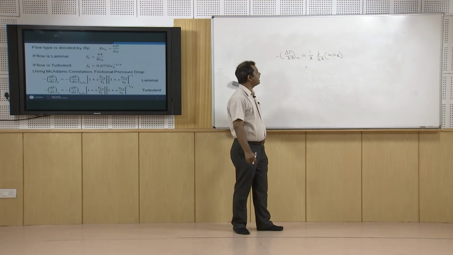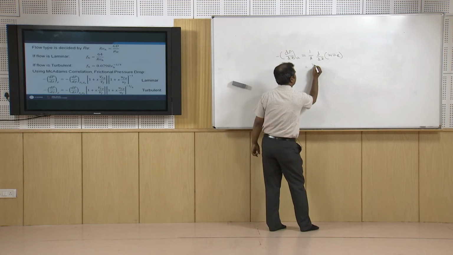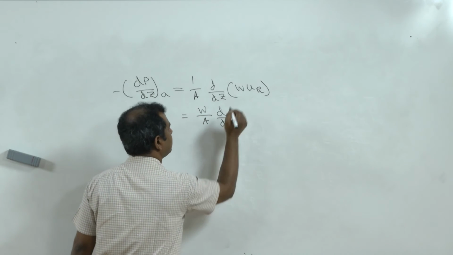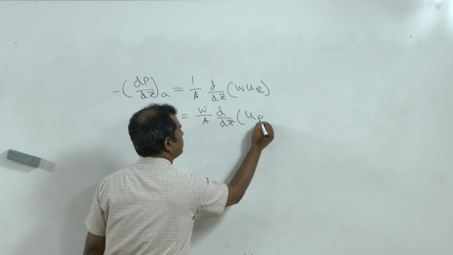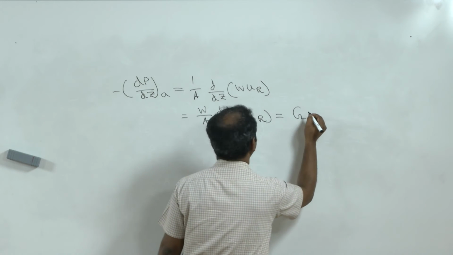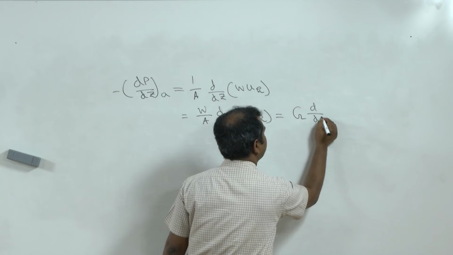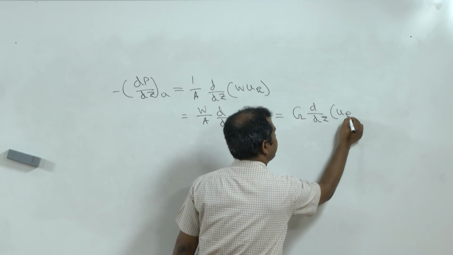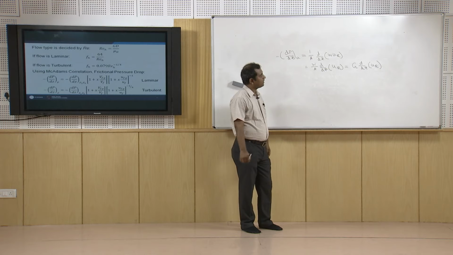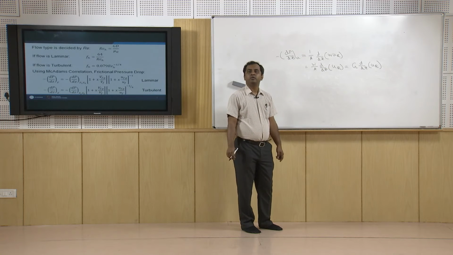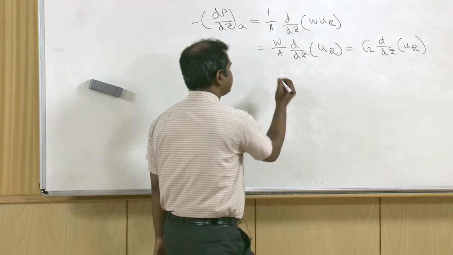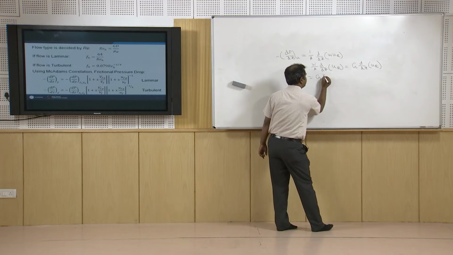So, we will find W by A d/dz of u_h. We can write W by A as nothing but G, so G d/dz of u_h. Now, once again let us try to convert u_h into mass flow rate, because we can have occurrences where the pipe diameter is not constant. So, let us try to convert this into d/dz.